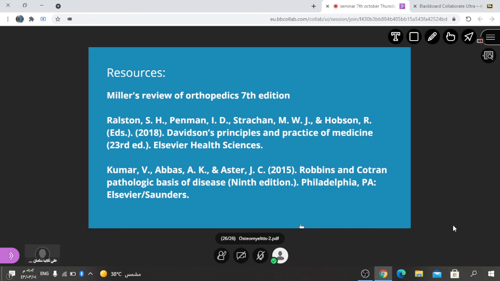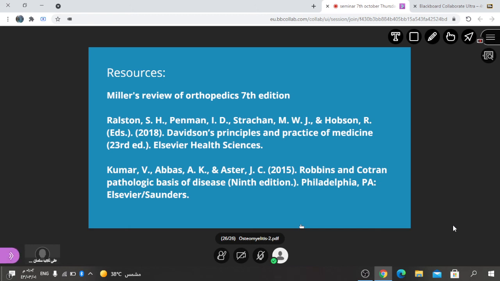For follow-up of your patients, you have to evaluate the patient clinically, radiologically, and through investigations. Clinically, the symptoms will disappear: the fever, malaise, and other non-specific symptoms. Radiologically, it will take time to improve.